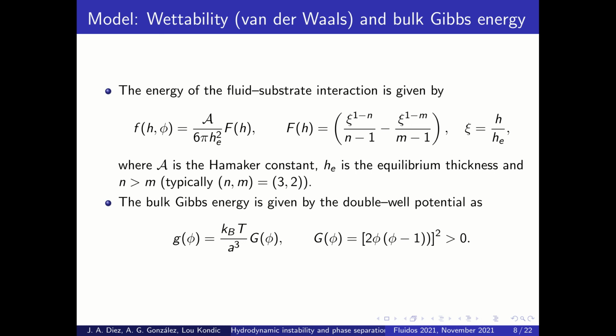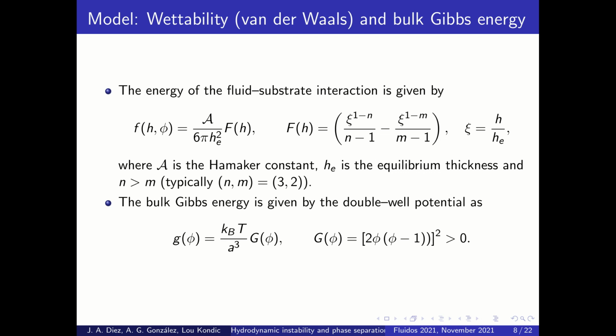The fluid-substrate interaction is described by means of van der Waals forces in this form, in such a way that it includes both the repulsive and the attractive forces between the molecules in the mixture and the molecules in the substrate, and which has a given equilibrium thickness for the interaction.